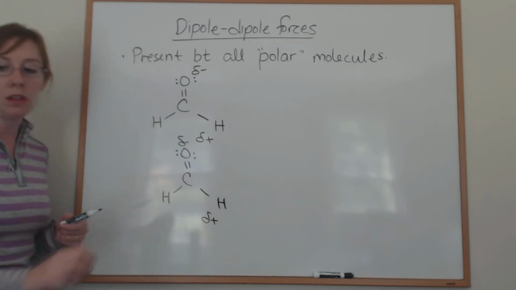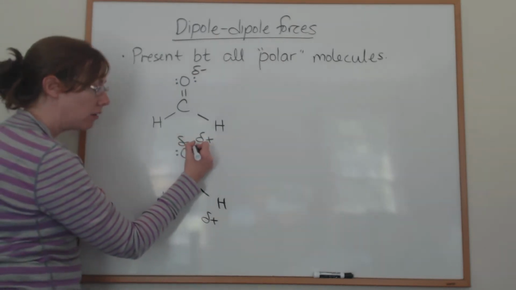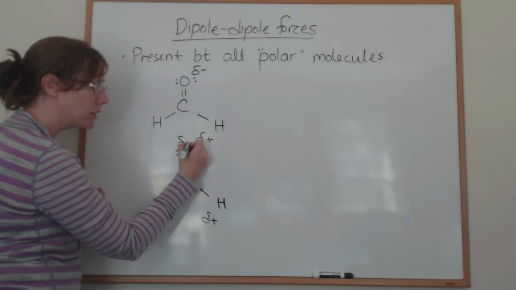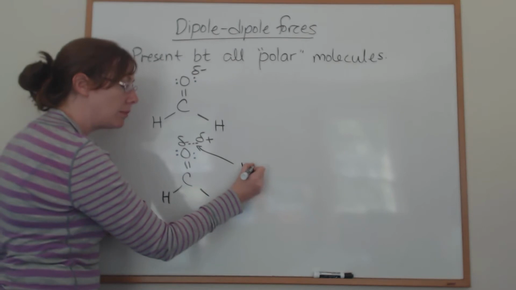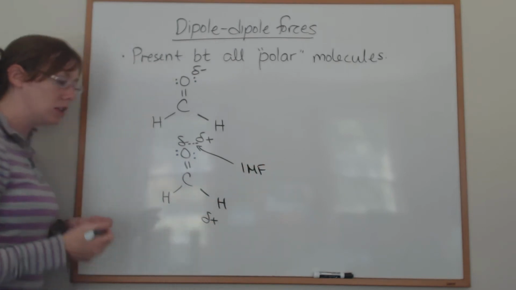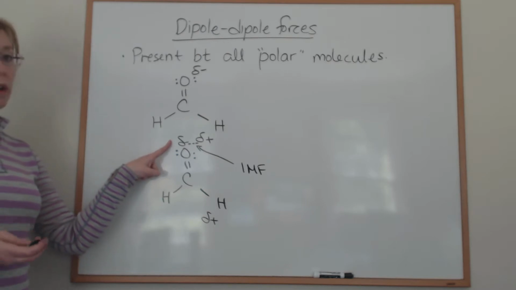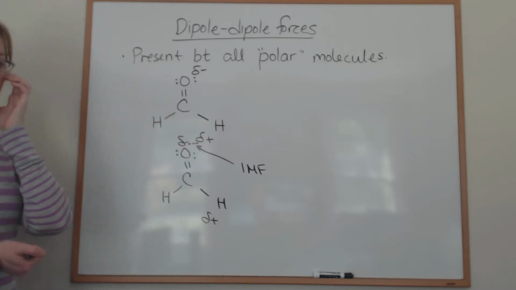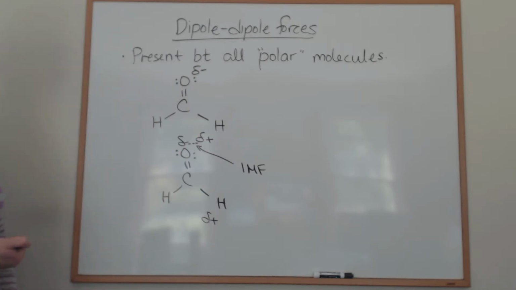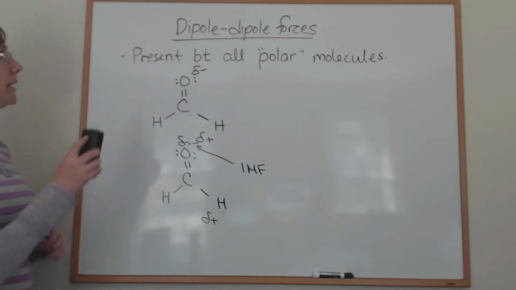So we have an intermolecular force right here, and that is your dipole-dipole force, between the negative end of one polar molecule and the positive end of the neighboring molecule. That is what a dipole-dipole force is. That's all we need to say about that one.